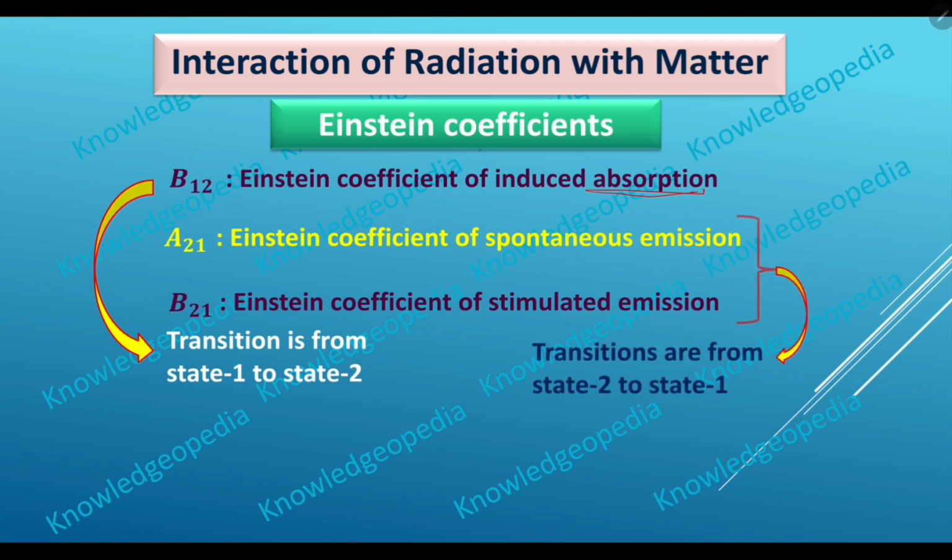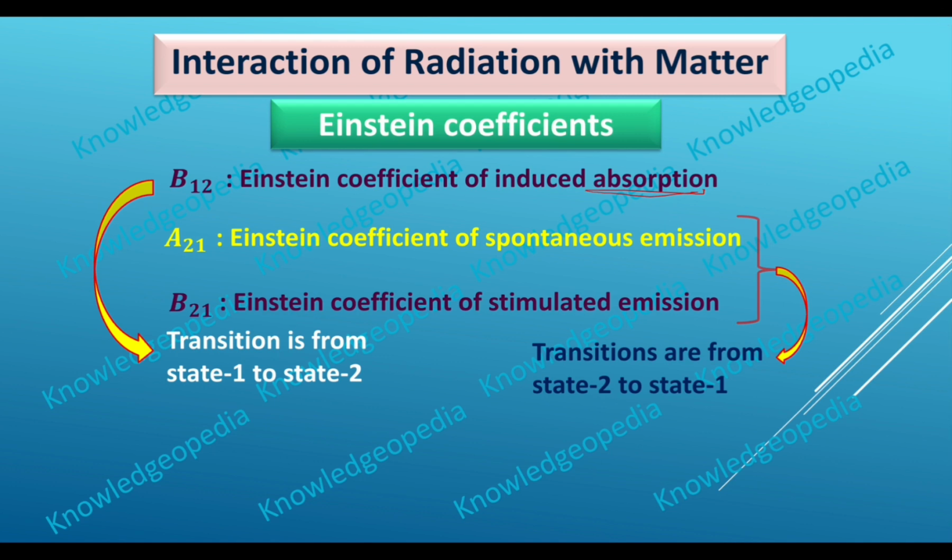Now coming to these two, here you can see it is 2 1. So the transitions are from state 2 to state 1. So whatever suffix we are using, if it is 1 2, that means the transition is from 1 to 2. If it is 2 1, that means the transition is from state 2 to state 1.